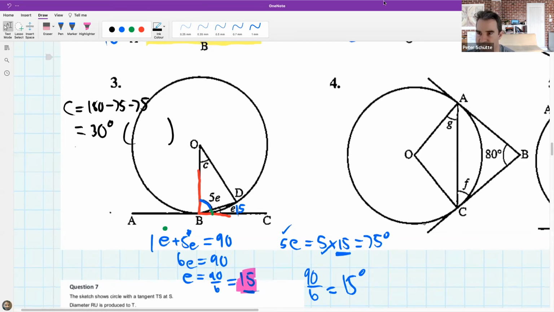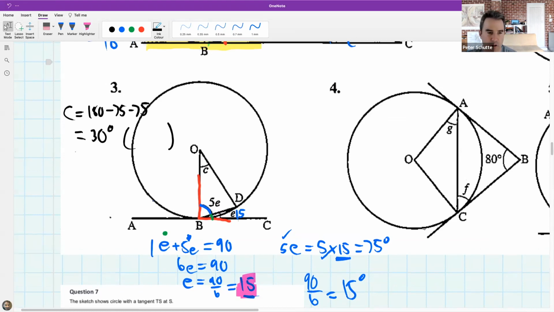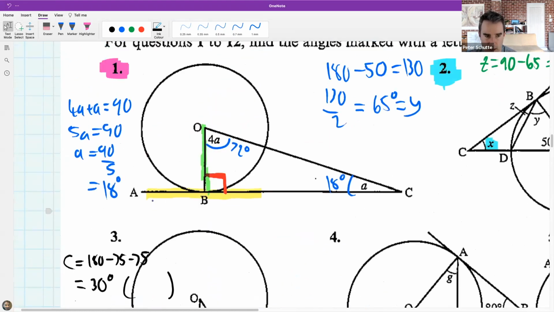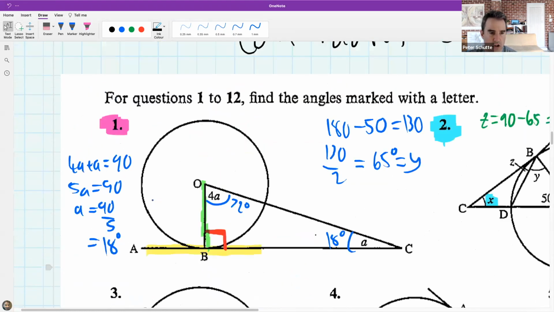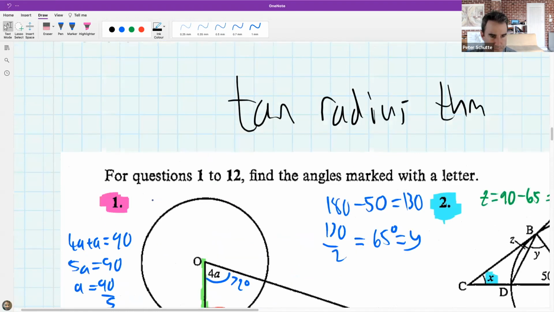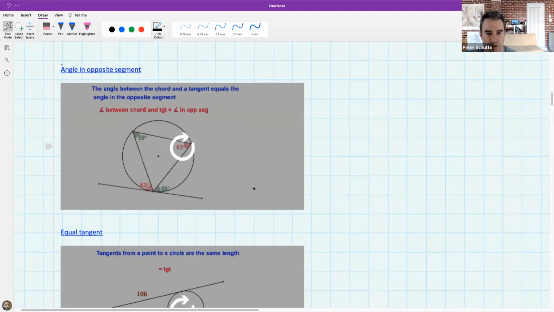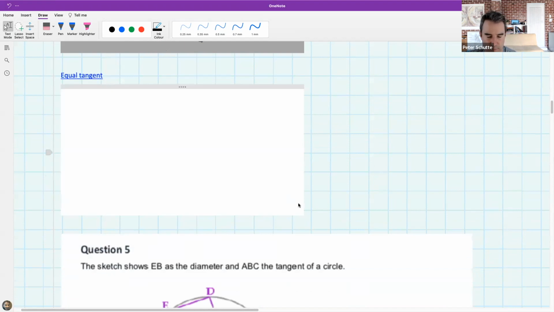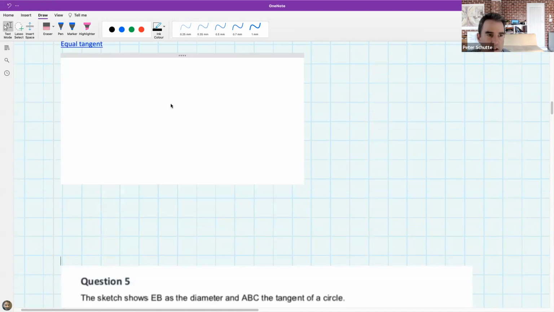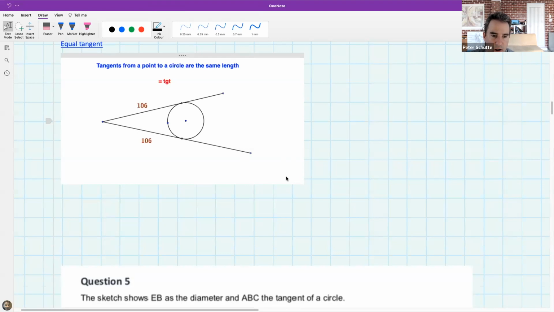Okay, everyone. So the first part of today's lesson was about what we call the tangent radius theorem, and we absolutely will work that in again. But I want to introduce one new type of theorem, and this will be the only extra new stuff from today. And let me just show it to you here, if the computer is behaving. All right.